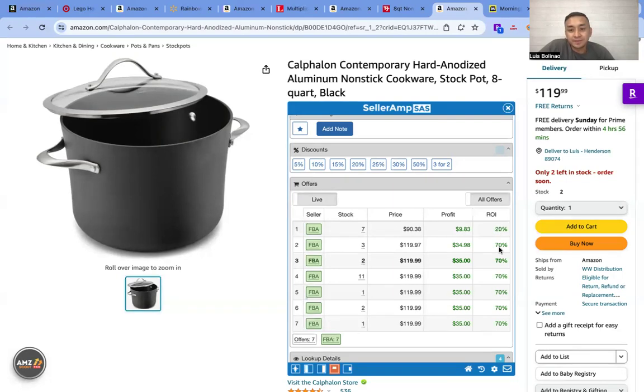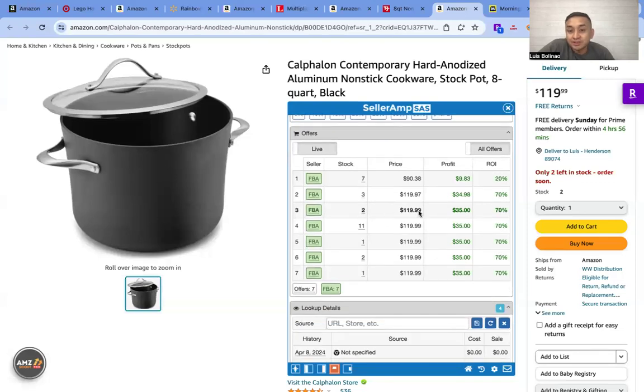Make sense? As a matter of fact, the current buy box owner, the buy box being the current seller who is getting the sale, has a current buy box price of $119 anyway. So if I jump on this listing, I can price it at this price and get 70% ROI.